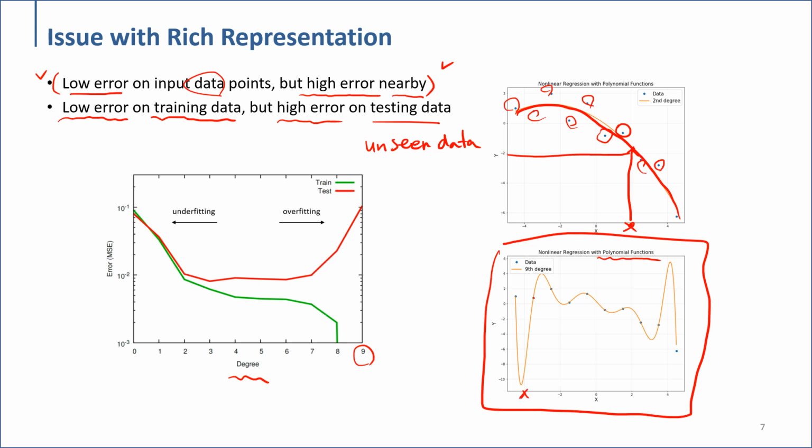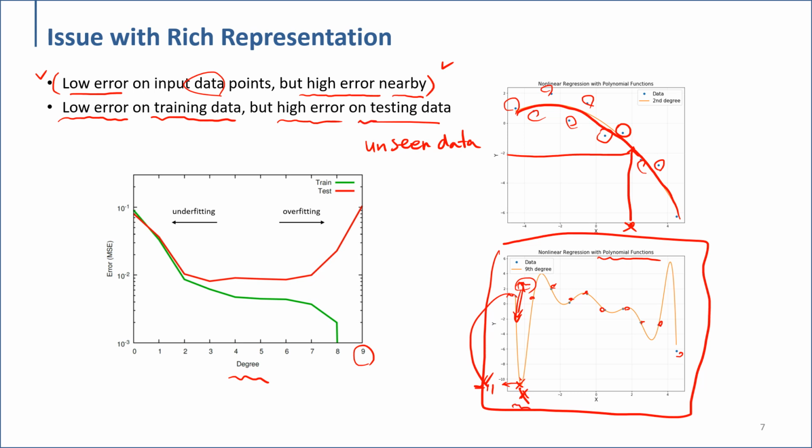As we can see here, for the training data the error is very small. But for the unseen data, our prediction model will give a predicted value like -11, while the true value would be somewhere here or here. So it will cause a very large error for this unseen data.